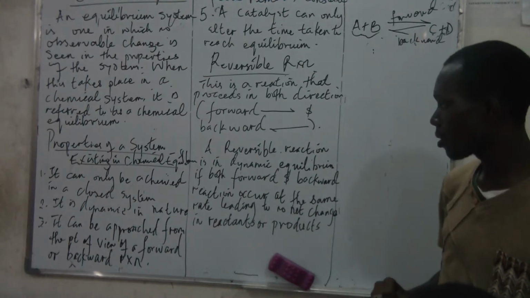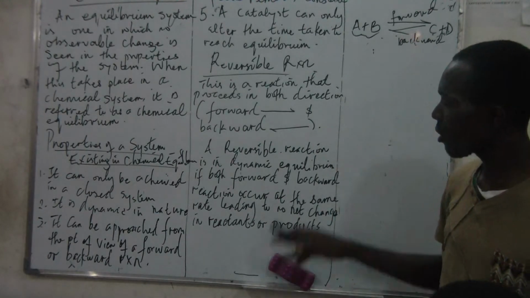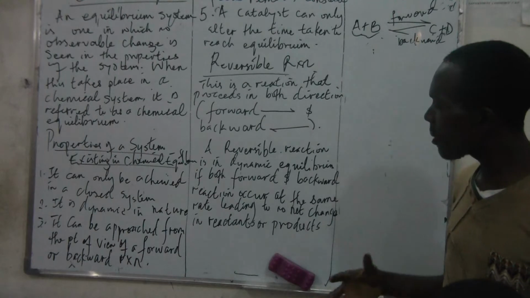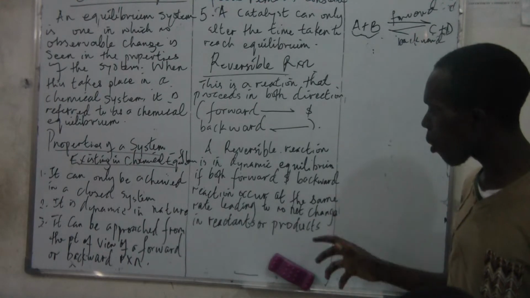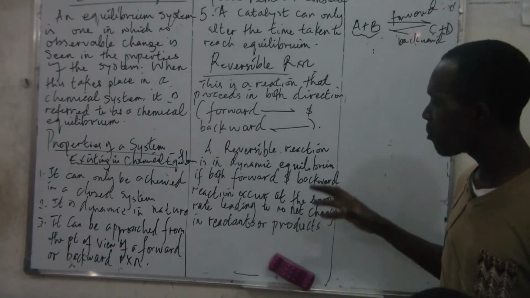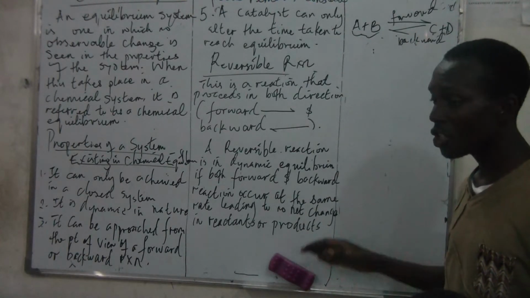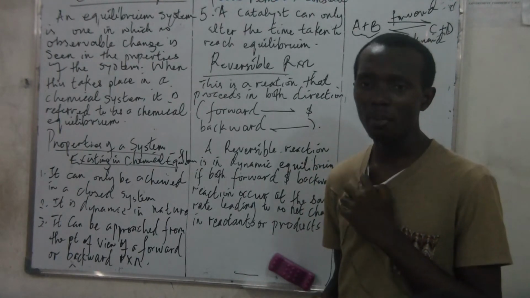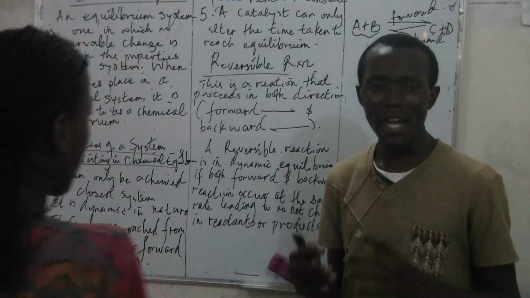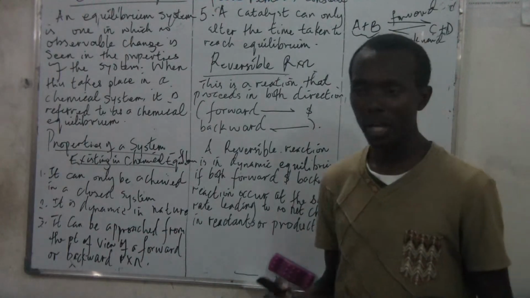And lastly we said that a reversible reaction is in dynamic equilibrium if both forward and backward reactions occur at the same rate, leading to no net change in reactant and product. The changes that take place are micro changes, micro reactions.